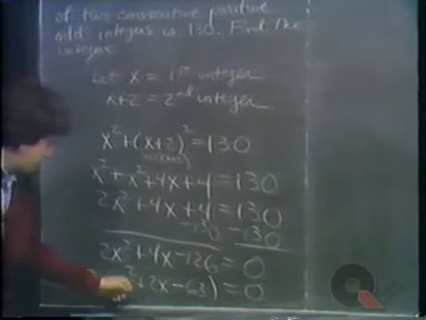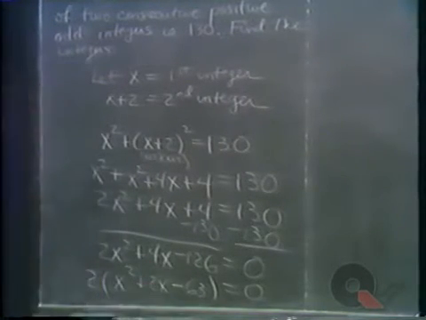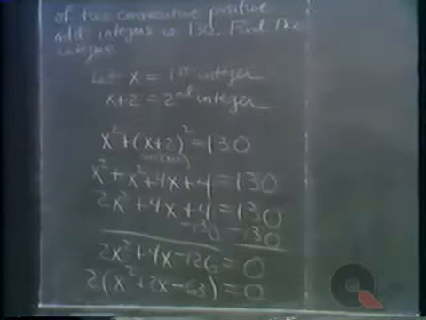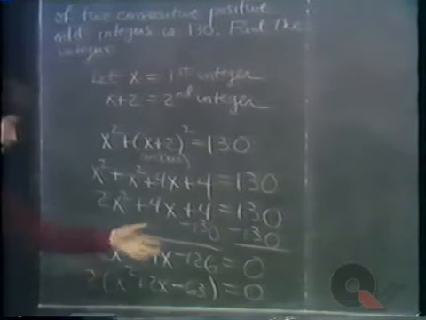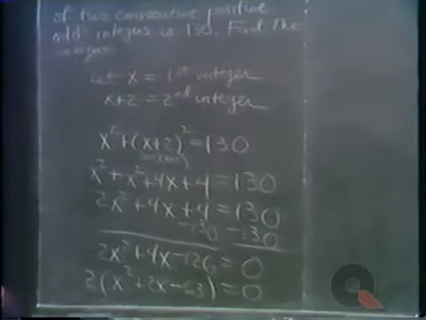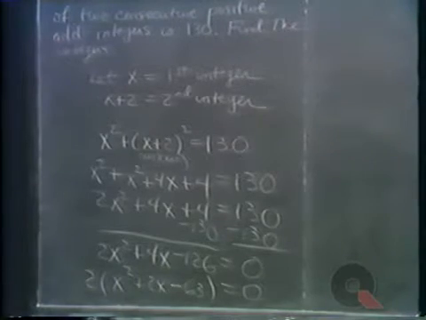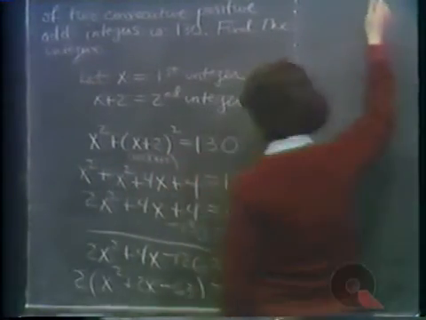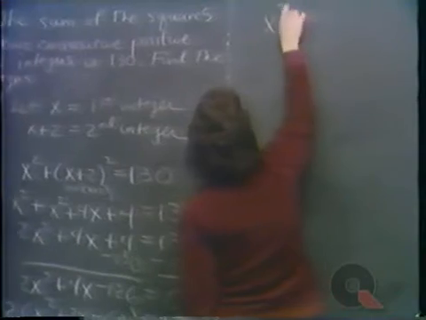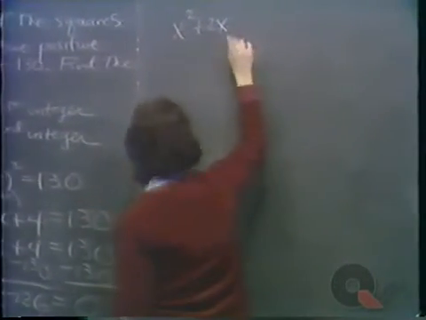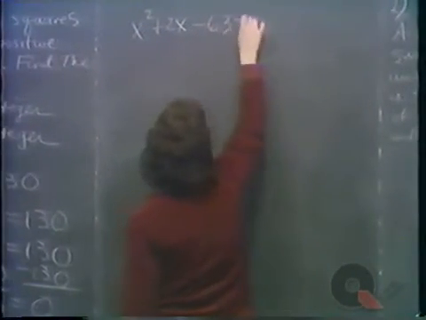Checking this, 2x squared plus 4x minus 126 equals 0. Okay, so dividing both sides by 2, we just have to worry about x squared plus 2x minus 63 equals 0. I'm going to write that up over here again. x squared plus 2x minus 63 equals 0.